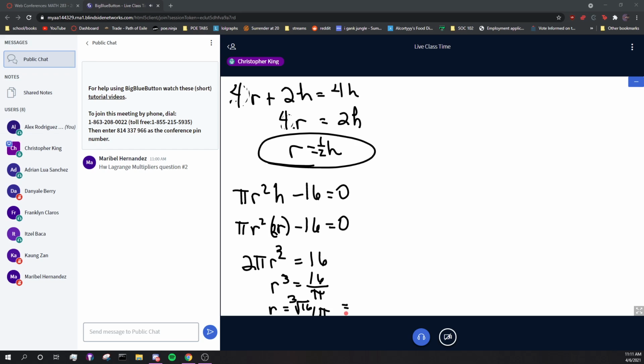I think this should be 8. R equals. Now, my issue that I'm having is because I keep leaving things off.